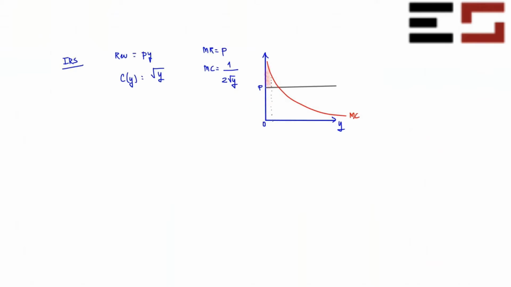Now if you choose this point, for example, the point where there is an intersection, what happens?